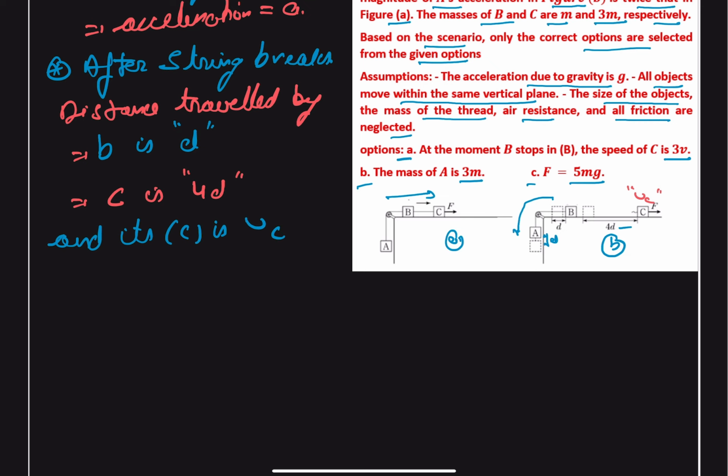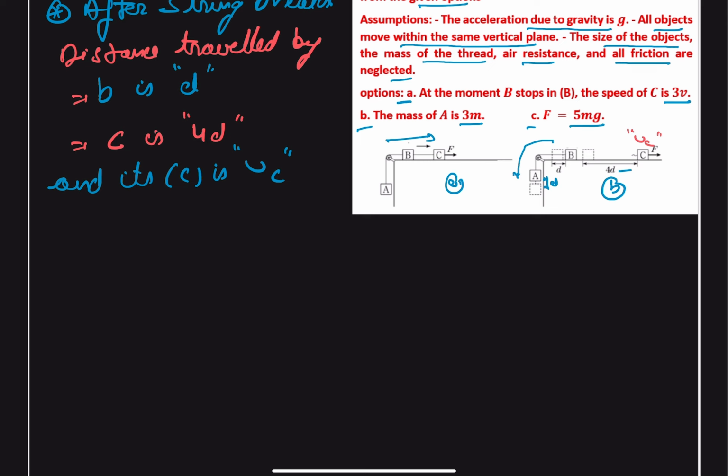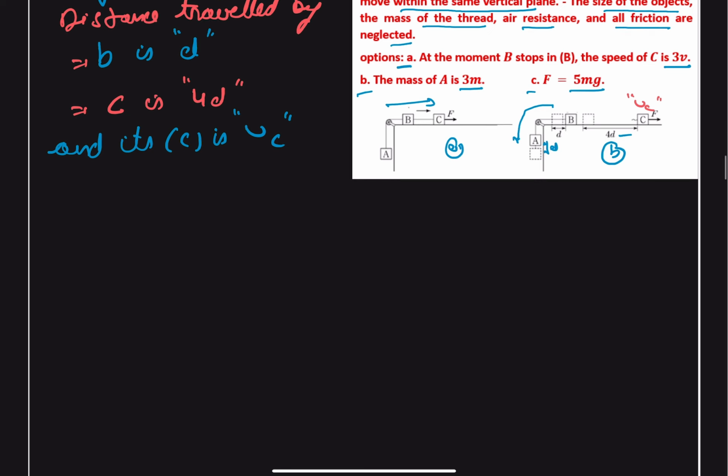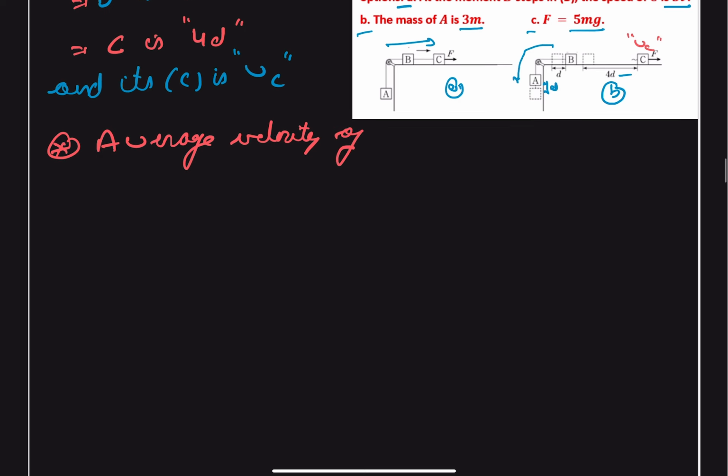We can write the average velocity of B, let us call that VB bar, which will be equal to (v plus 0) divided by 2, which comes to v by 2.